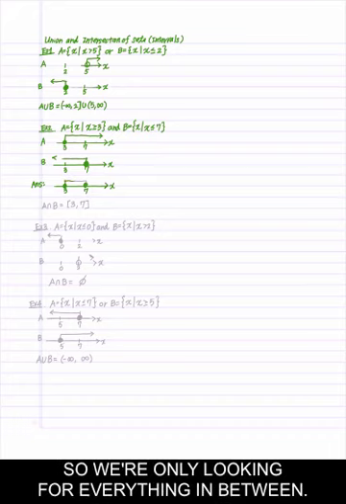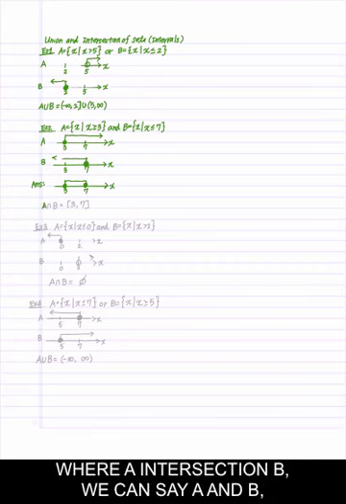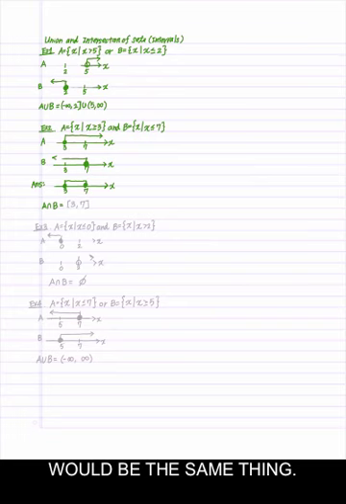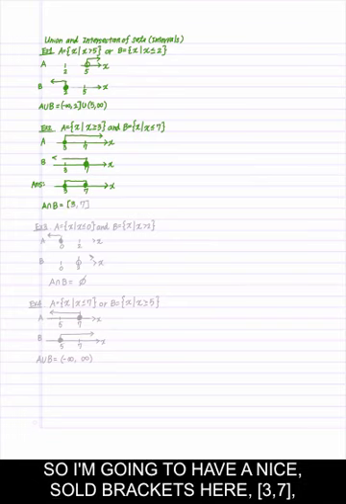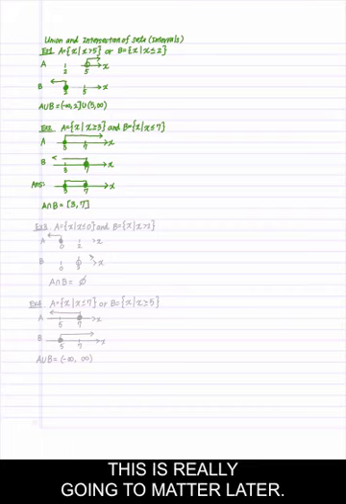So we're only looking for everything in between. And I'm going to go ahead and write the answer in interval notation, where A intersection B, we could say A and B would be the same thing. And I'm going to include the endpoint, so I'm going to have nice solid brackets here, 3, 7, with solid brackets. Please note the difference between these two. This is really going to matter later.